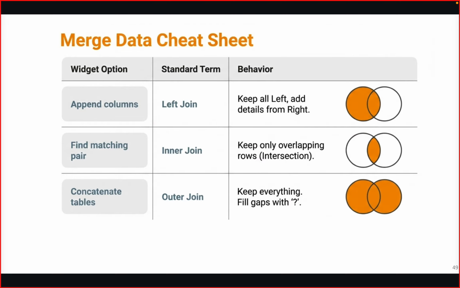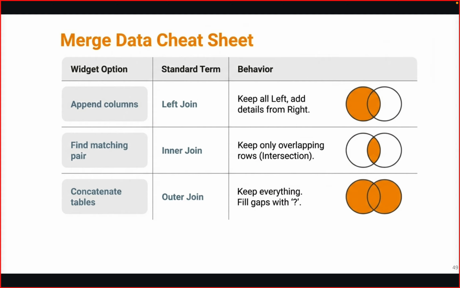I would like to use this one to summarize the idea. From the very beginning, I introduced the main table. Usually, we use the first one, called append columns or left join. We keep all of the left, which is called the main table, right?